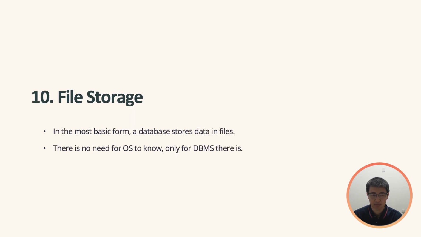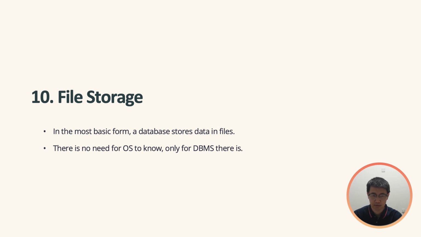When it comes to file storage, at the most basic level, databases actually store data as files. In this sense, operating systems are like databases. They don't need to understand what these files are for, whether they store configurations, metadata, indexes, table structures, or anything else.